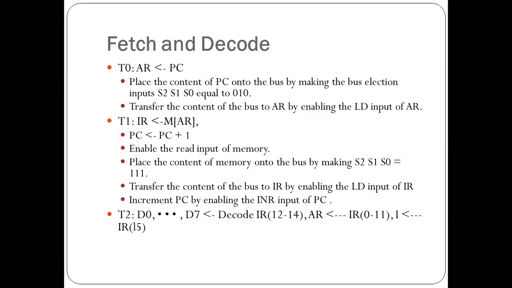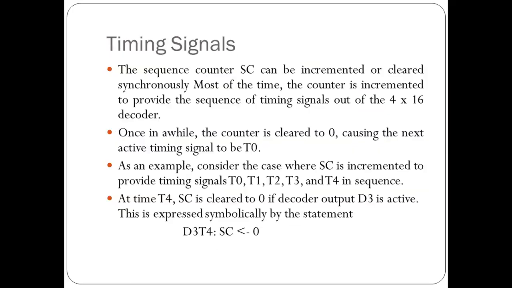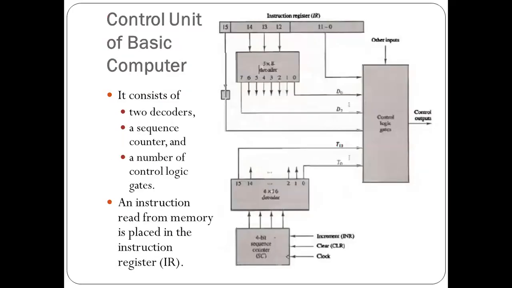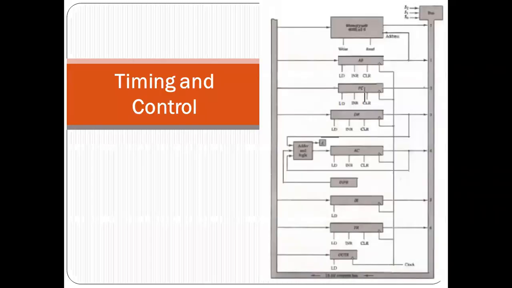If you observe the common bus system, the contents of the PC are not directly connected to the memory unit. Only the contents of AR, the address register, are connected to the memory unit, but not the PC.